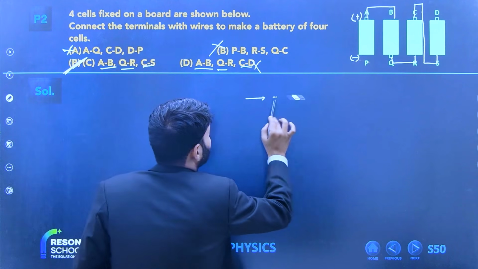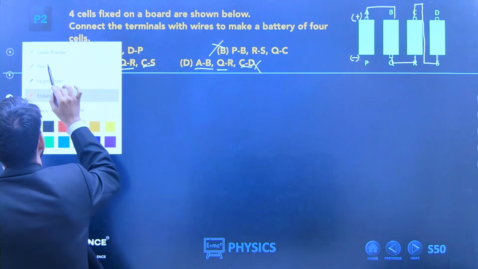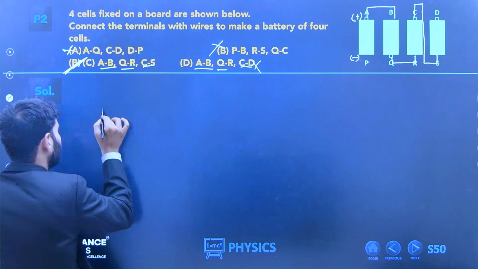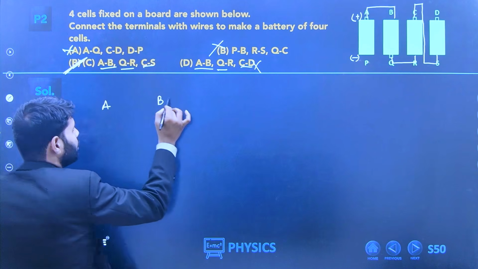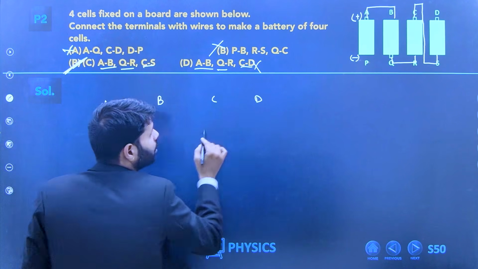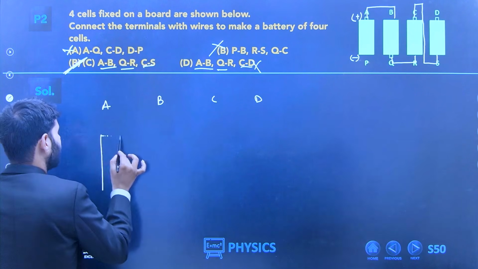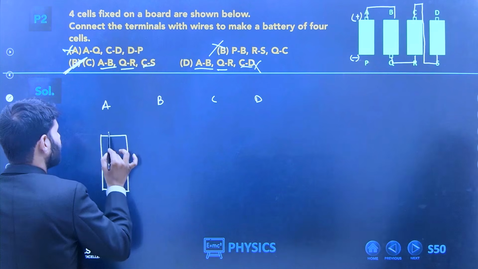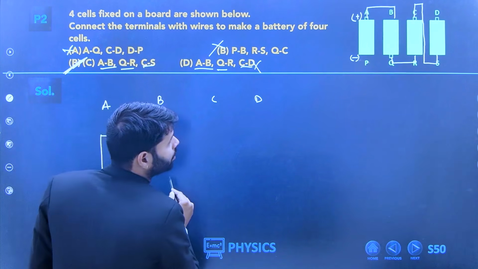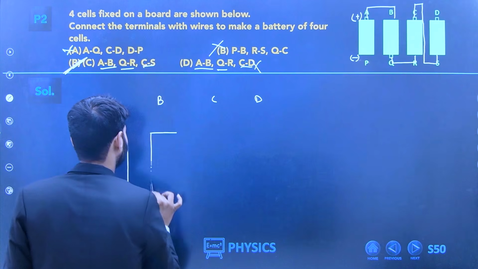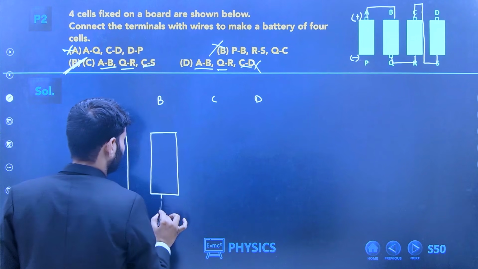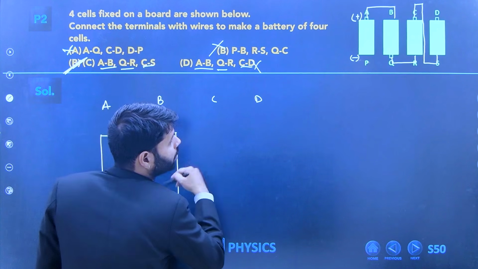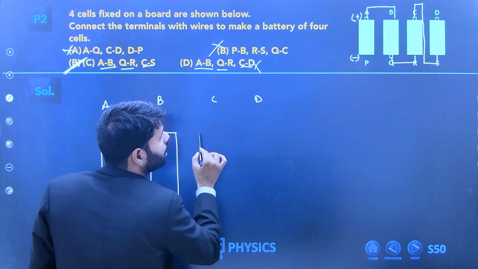I think someone asked, sir, I didn't get it. So see, this is A, this one is B, this is C and this is D. Can I draw the cell like this? This is the part. How about the B part? Right, positive is downwards.